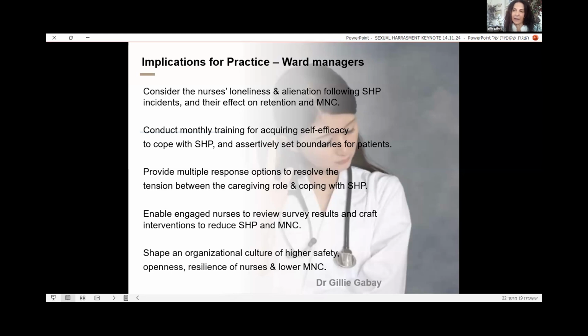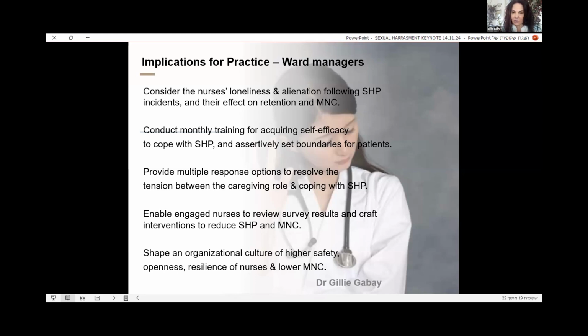Provide multiple response options for nurses to resolve the tension between their caregiving role and being able to cope with sexual harassment. Yes, you have your role as a nurse, and when this happens, you need to set the boundaries, although you are a caregiver.